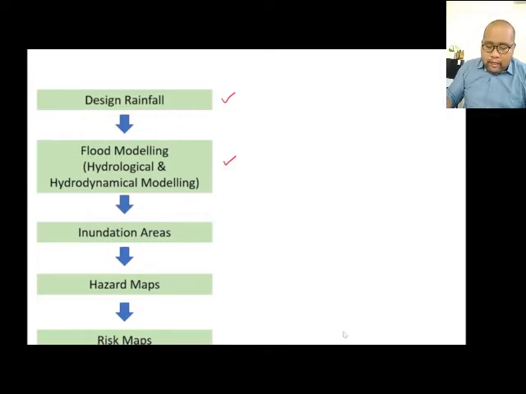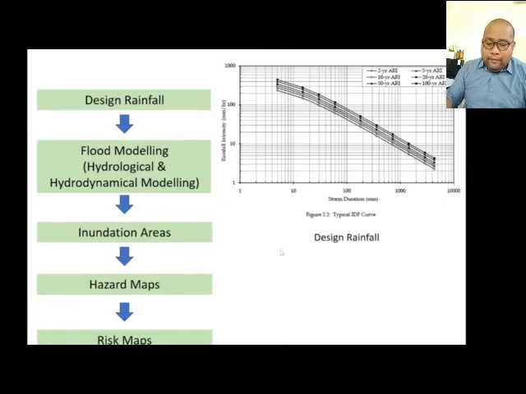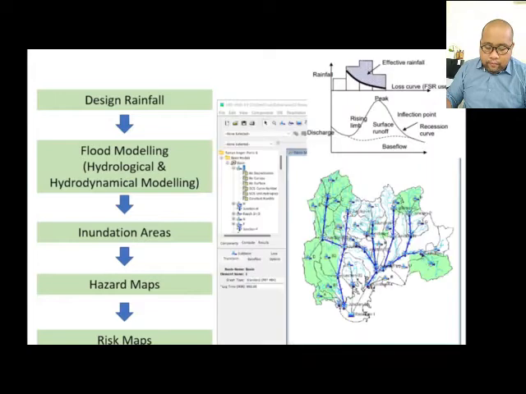For the hydrological part, this is the IDF curve that I mentioned before. This is the IDF that we abstract from the MASMA or from Hydrological Procedure number 1, to estimate the rainfall. This is the pattern of the IDF curve. And then this is the hydrological modeling.